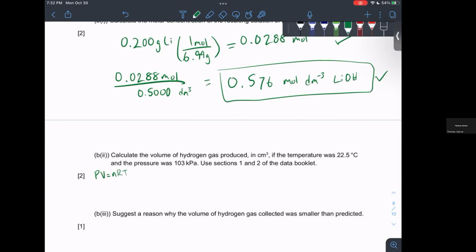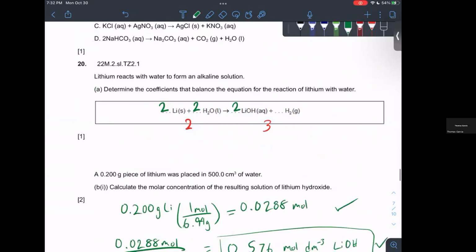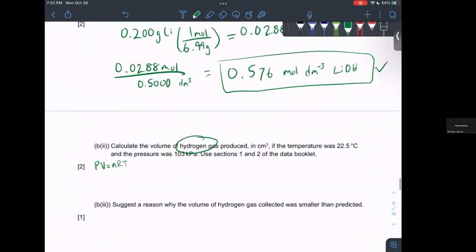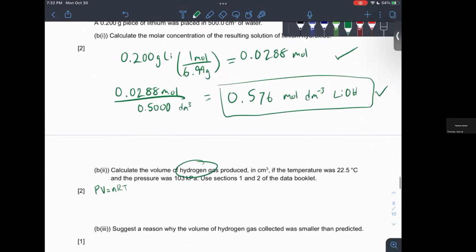Here's where dimensional analysis is infinitely useful. And actually, before we even get there, it says hydrogen gas produced. We see that for every 2 moles of lithium hydroxide, we make 1 mole of hydrogen gas. So we have to first do our conversion right here. We have 0.0288 mole lithium hydroxide.